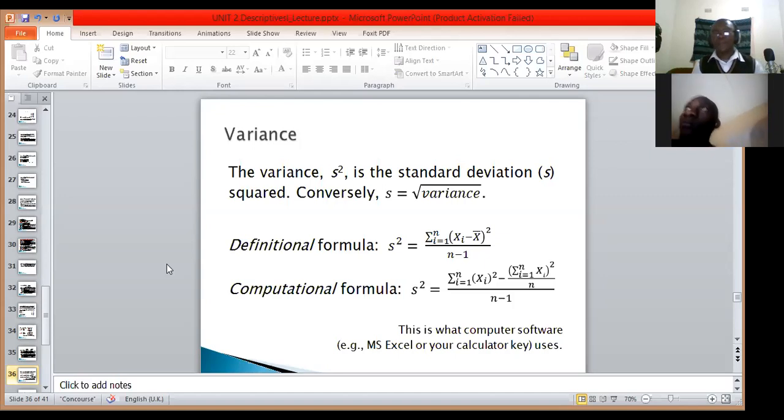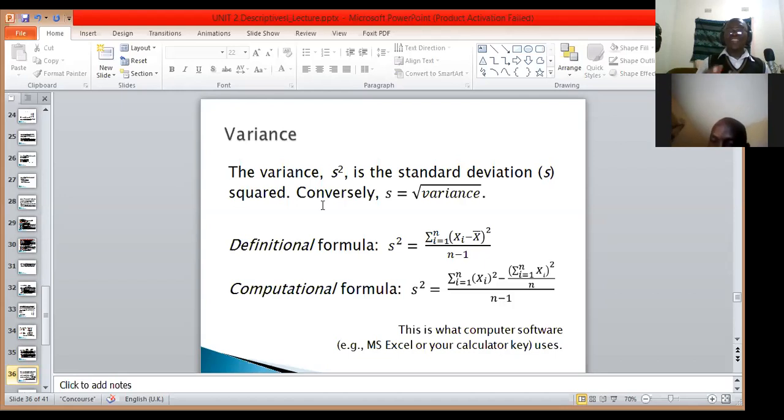So if you have a standard deviation, for you to find the variance, you square the standard deviation. If you are given the variance, to find the standard deviation, you find the square root.